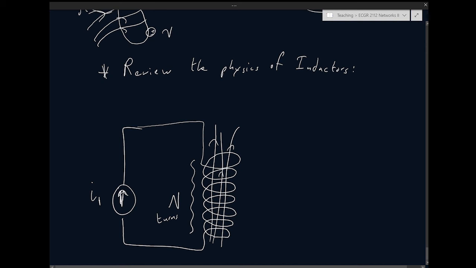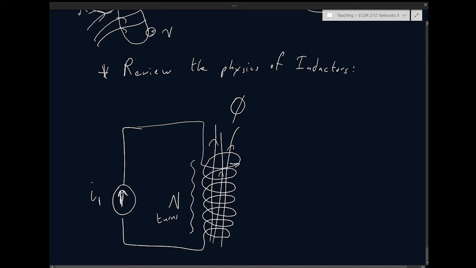So using the right-hand rule from physics, the current is passing this way, flowing counterclockwise. Using the right-hand rule, that tells me that the magnetic field is going up like this. Okay, and the field times the cross-sectional area of this coil is just going to give me the total magnetic flux.